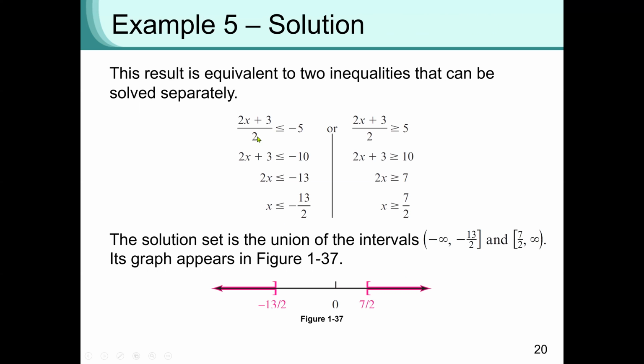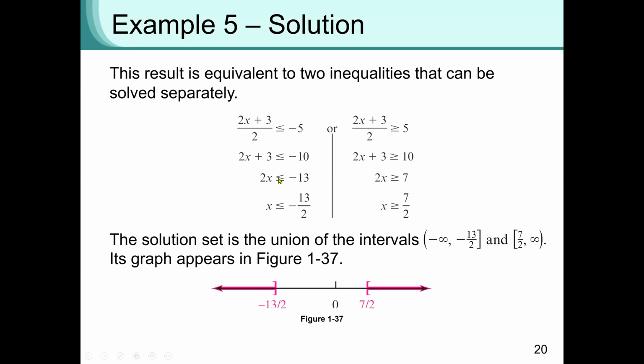Here we have 2 dividing, so we are going to multiply by 2 on both sides to cancel the 2. Negative 5 times 2 will give me negative 10, and 2 divided by 2, they cancel each other. Then we have plus 3 here, so I'll use minus 3 to cancel plus 3, and I also have minus 3 here.